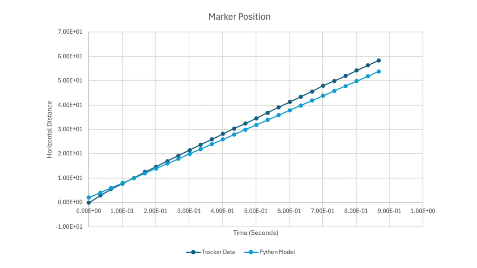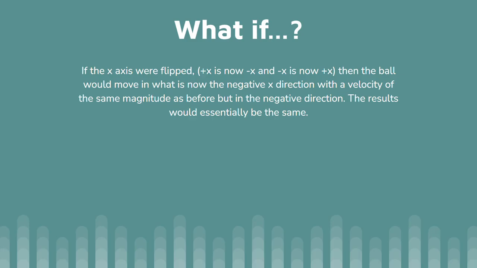A couple of things that might be the cause of this: if the table was on a slant, or if the marker, immediately after hitting it, instead of rolling initially, slid first with higher speed, and some errors like that.